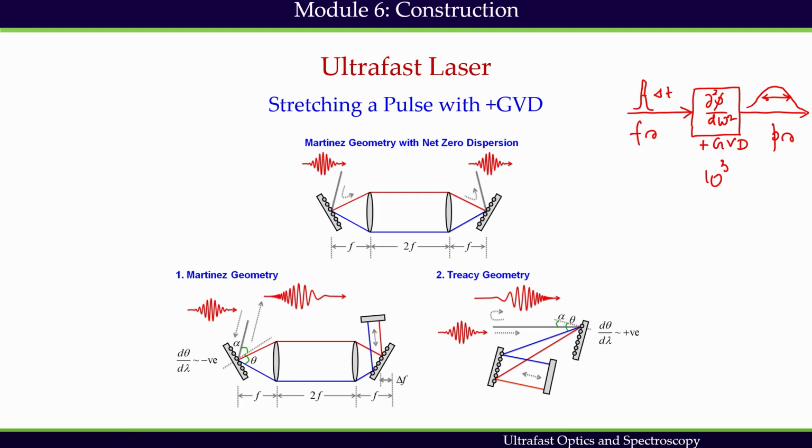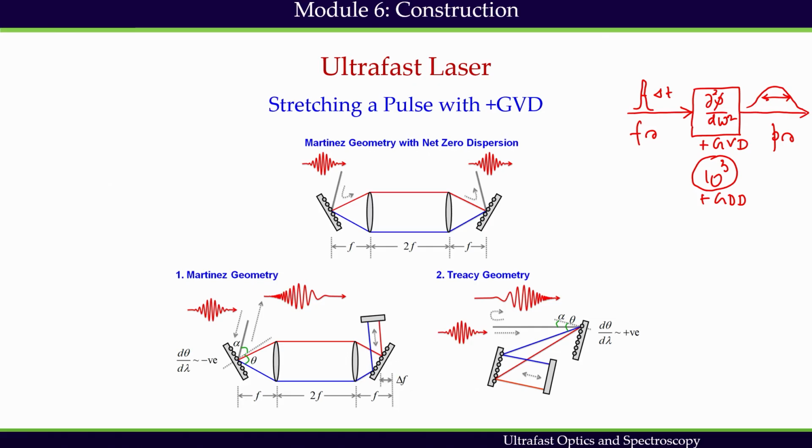The dispersion brought about by pulse propagation through simple optical material is not sufficient, because we have seen that GDD of a material is very small. So, we need certain kind of optical elements which will introduce a big amount of positive GDD, a factor of 10 to the power 3. In this case, a grating pair is very suitable.